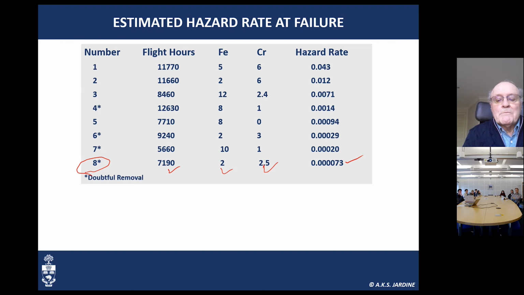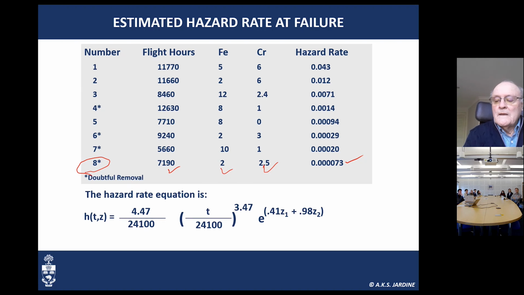And what's the proportional hazard model I used? Well, this is the equation we used. The hazard is a function of age and also of the risk factors. And that's a hazard model there. And Z1 is the iron and Z2 is the chrome.